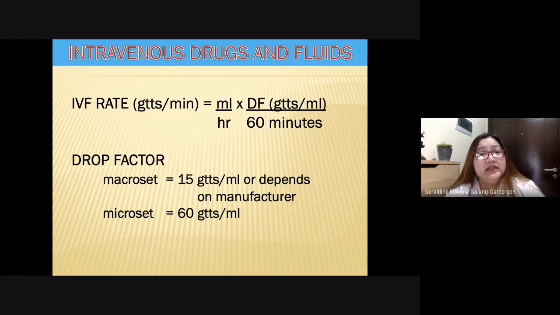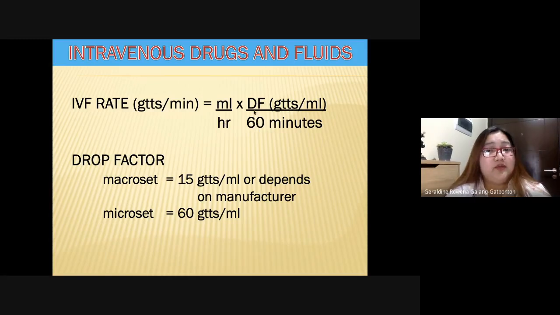So, pag dinidrip, we have to know the rate. Okay? Itong formula na ito is another formula that we need to memorize. This one is a manual regulation of IV drugs and fluids. So, manual. So, again, formula, ml per hour times drop factor over 60 minutes.